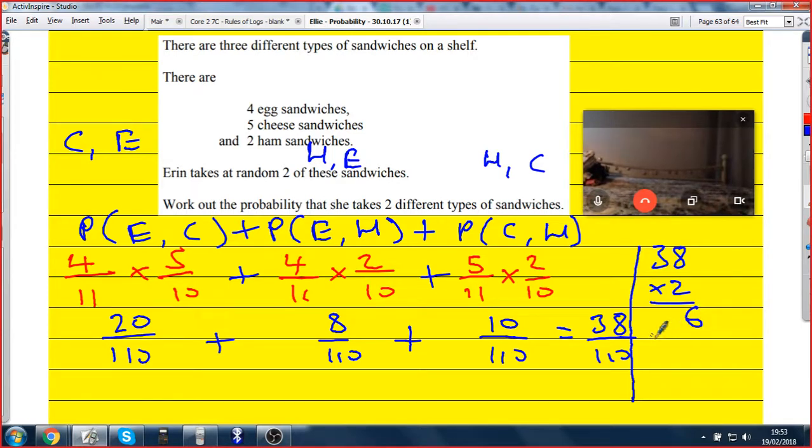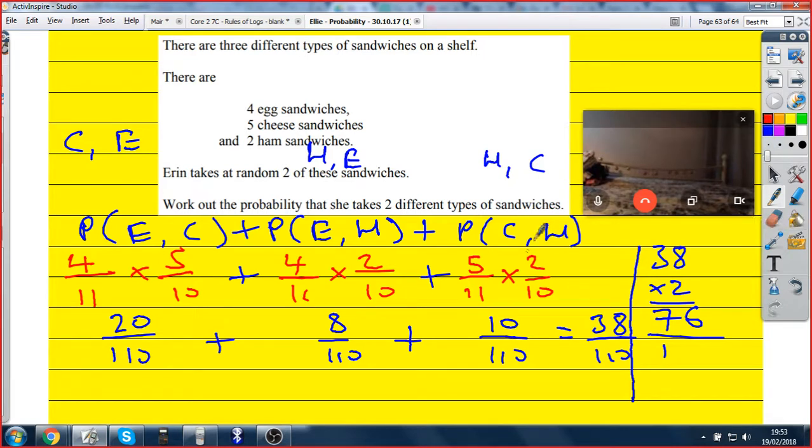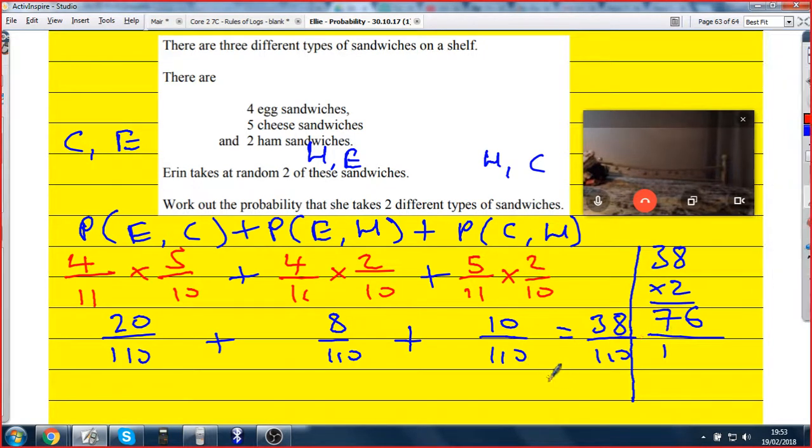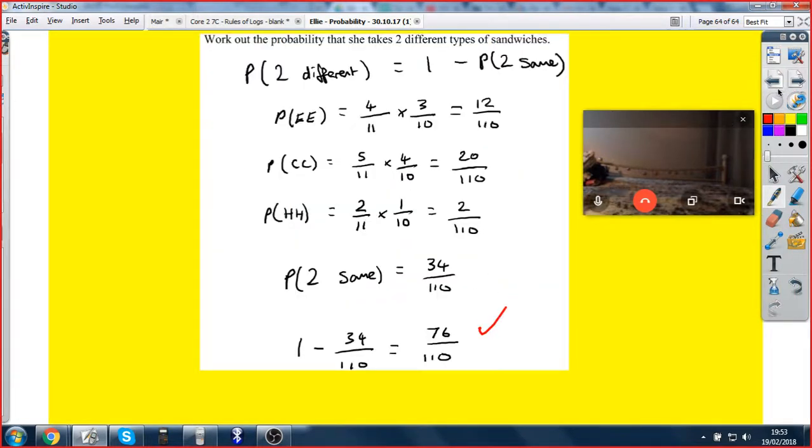Oh wait, 76. That's it. And so what's our final answer? And then over 110. That's it. 76 over 110. So that's 76 over 110.